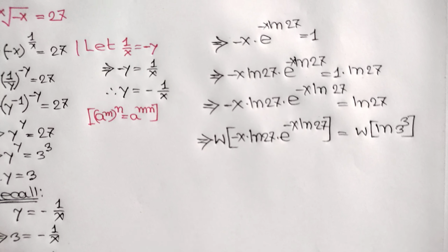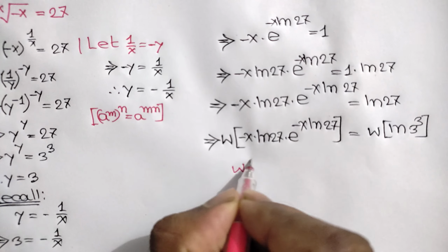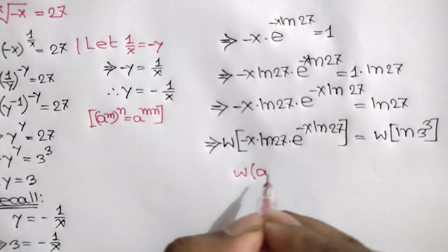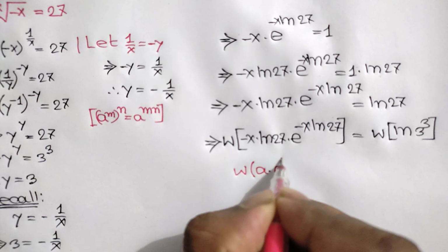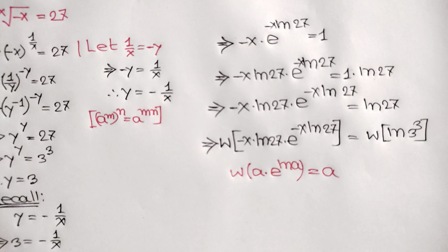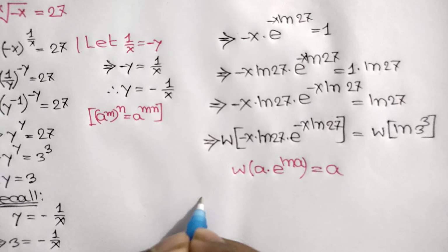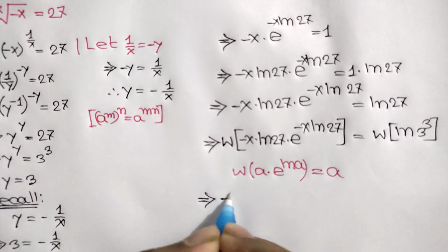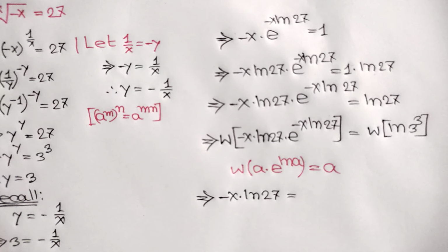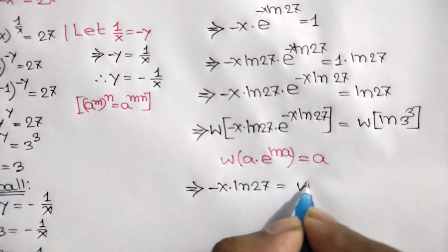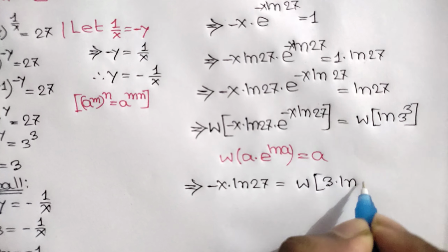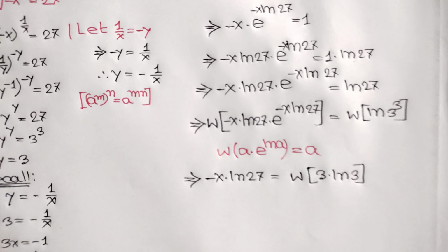Now we know the Lambert W function: W of a times e to the power a is equal to a. Applying this formula, we get negative x times ln of 27 is equal to W of 3 times ln of 3.